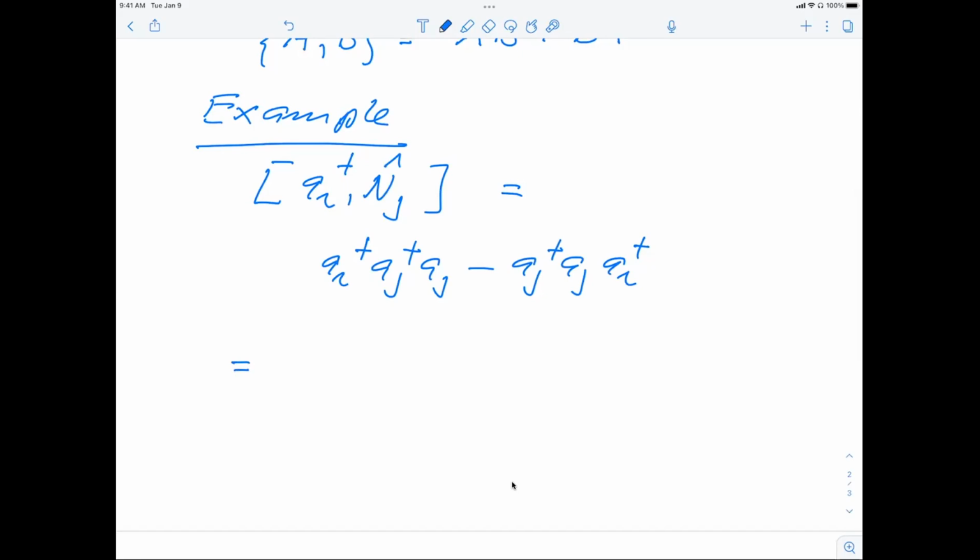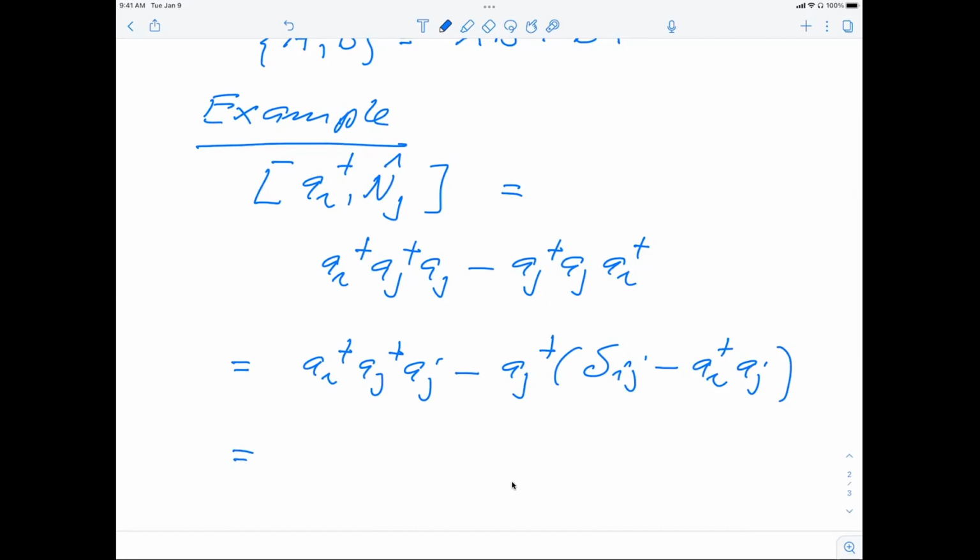So we can rewrite this one as an a_i, a_j dagger, a_j, and now I'm going to shuffle around here. So I'm going to have an a_j dagger, and then I'm going to have a delta ij minus a_i dagger times a_j, like this. Does that sound okay?